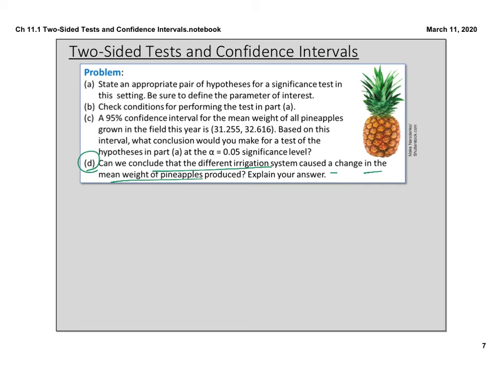So just because this year's crop has a higher mean than last year's crop, we cannot successfully say that it's due to the irrigation system. So here's where you have to be really careful, okay? This is kind of an evil test maker trick. Your true answer here is no. This was not a randomized experiment.